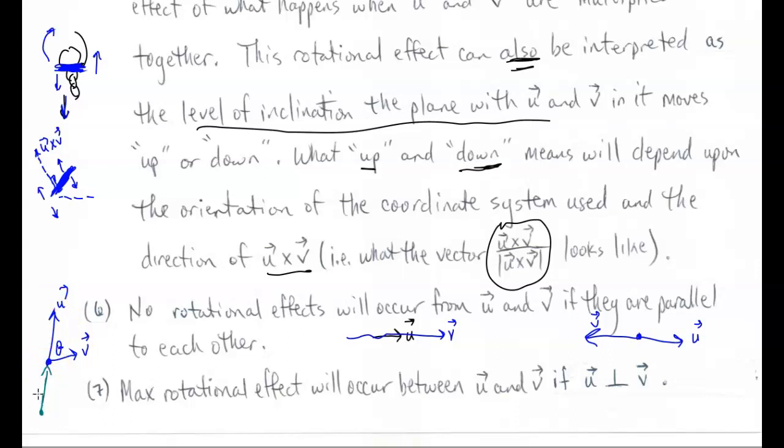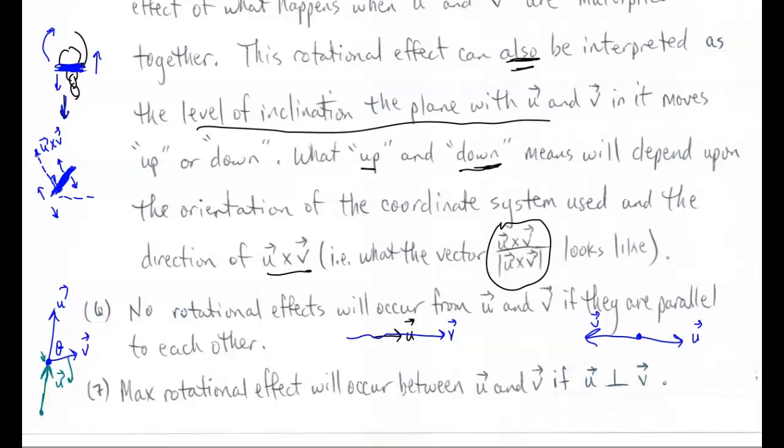Now when you see it this way, if this vector u is pushing upon this vector v at this spot here, you can imagine that the more I push, the more it's going to rotate this way.